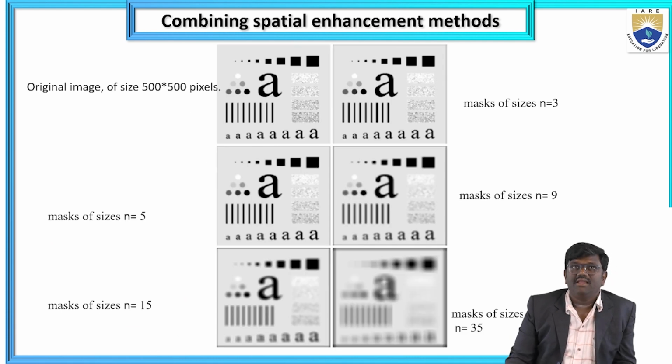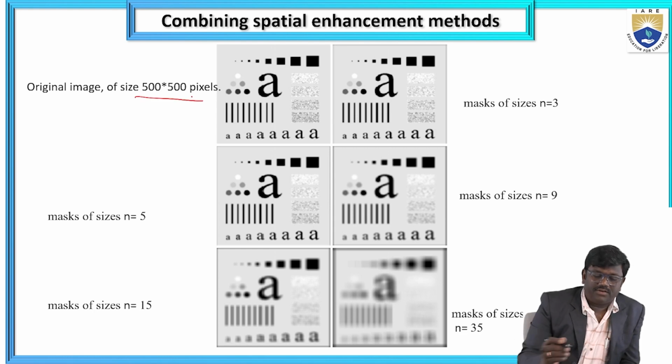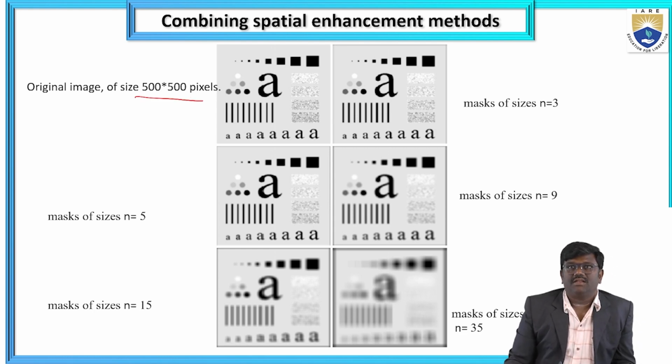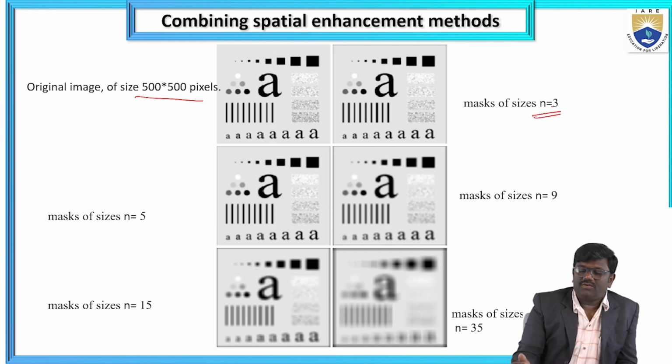Let us see an example. Combining spatial enhancement methods also concentrate on the comparison of neighborhood pixels, which we call the neighborhood pixels concept. Here we are using an original image of size 500 by 500 pixels, with a mask of size n equal to 3. So what is n?